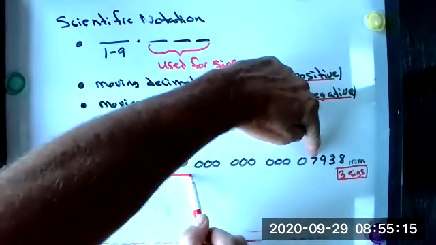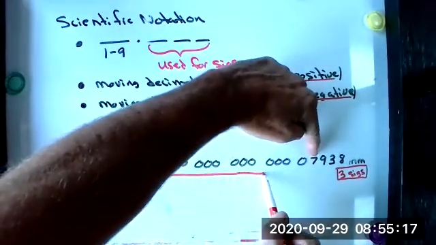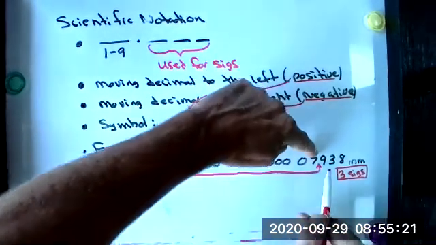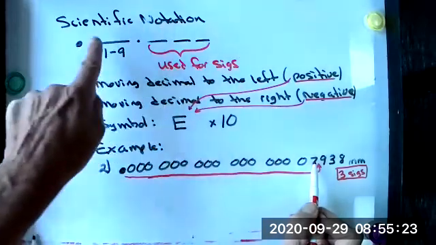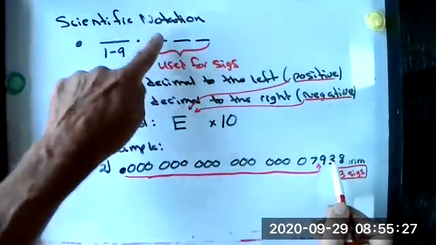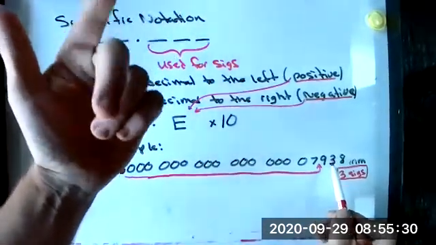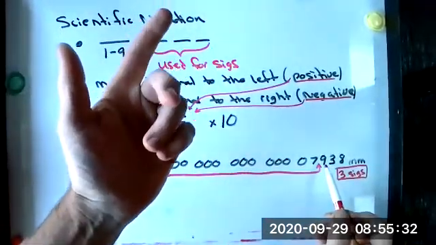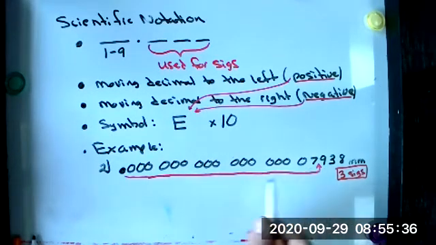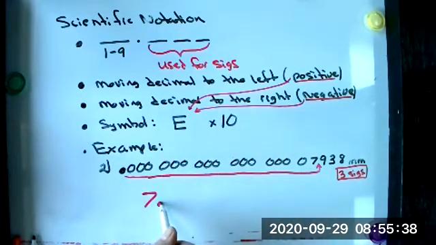And then I'm going to move that decimal and place it directly behind it, because that is this spot. These will occupy these spots according to the number of sigs I need in the end. So the decimal has to go right there.